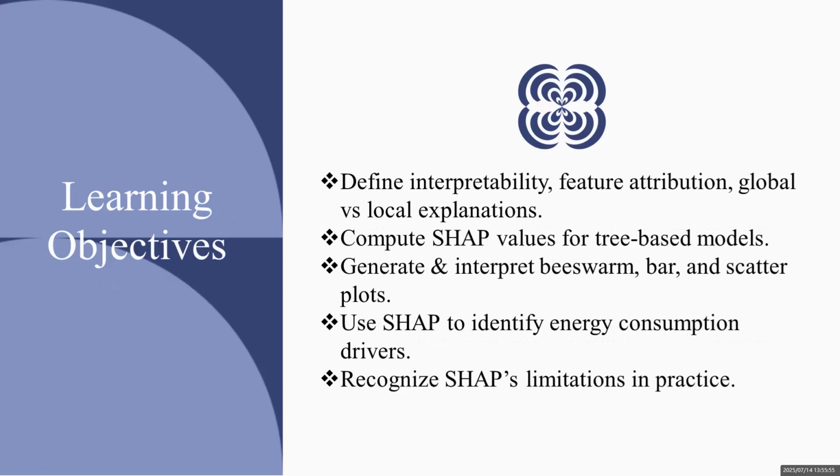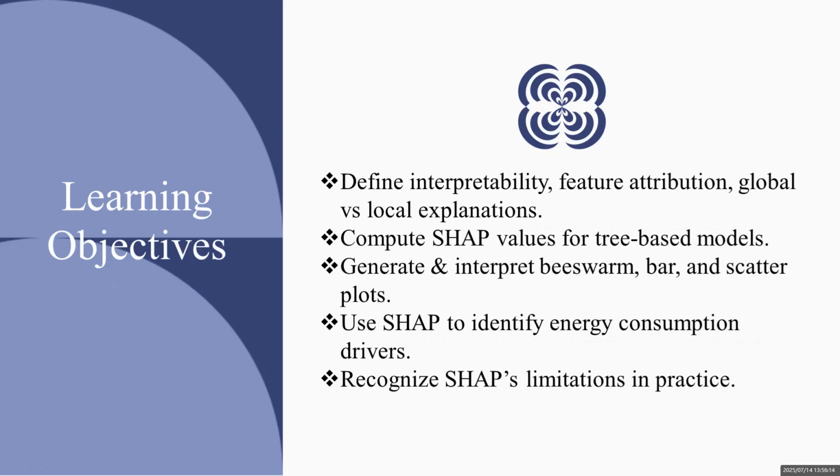All right, so let's look at the key learning objectives. One, by the end of this lecture, you should be able to define interpretability, feature attribution, and global versus local explanation.